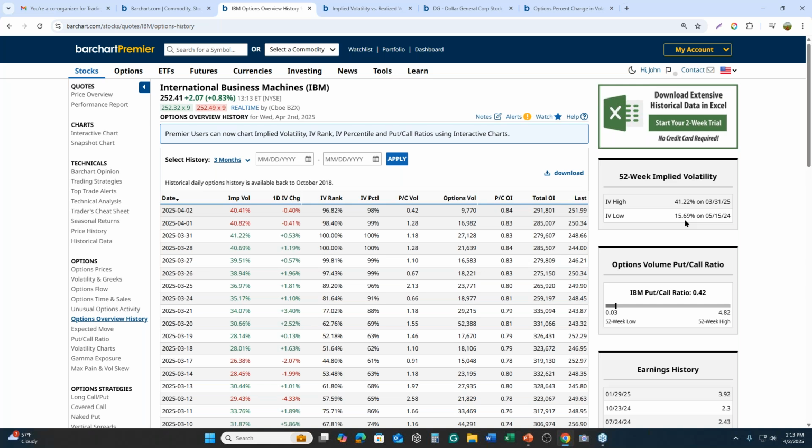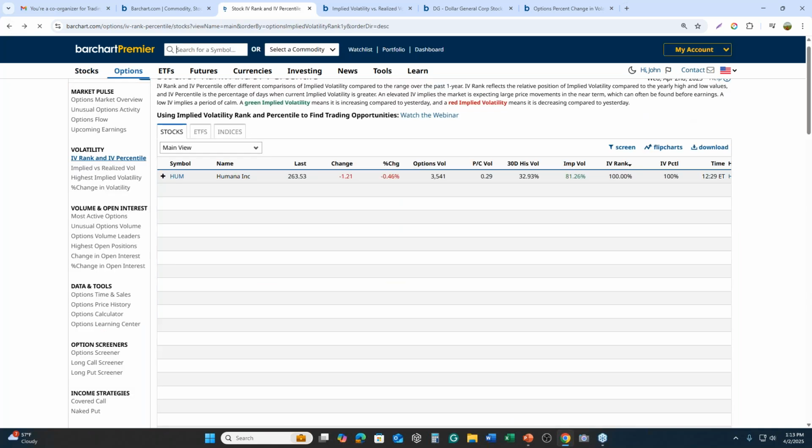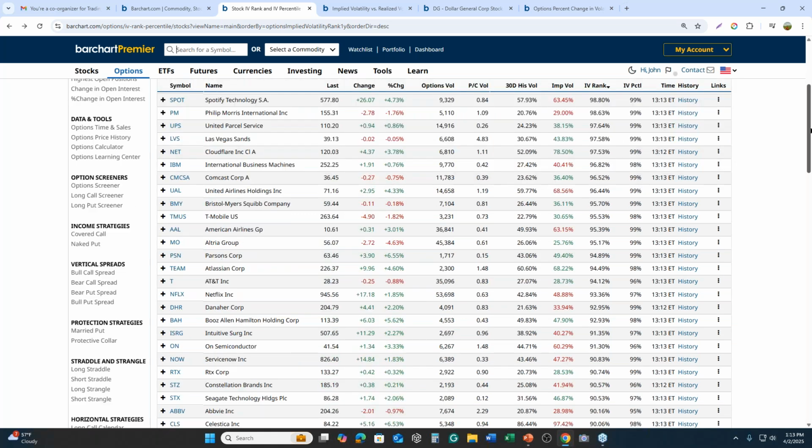A tight range means that small movements in implied volatility can have a larger impact on our rank and percentile. And you can kind of see that today, right? Look, the implied volatility changed by 0.4%, but our rank moved by about 3% and our percentile moved by 2%.